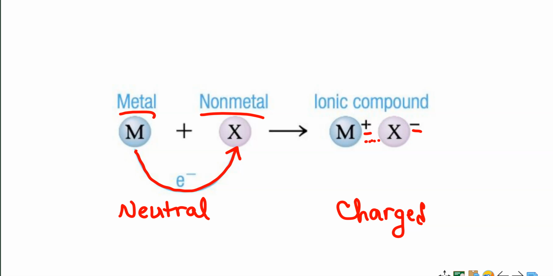So this process, called oxidation and reduction, actually creates ions that are attracted to each other. Typically, the metal will lose electrons and the non-metal will gain the electron. This is not always true, but for our purposes in this class, we can say that it's true.